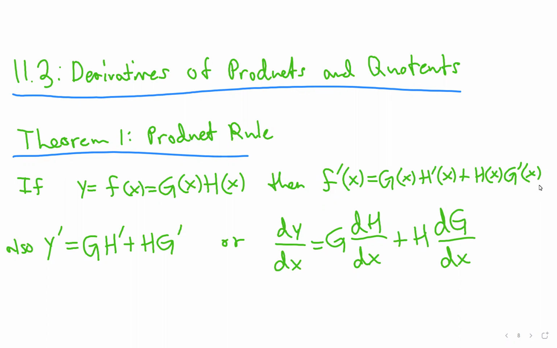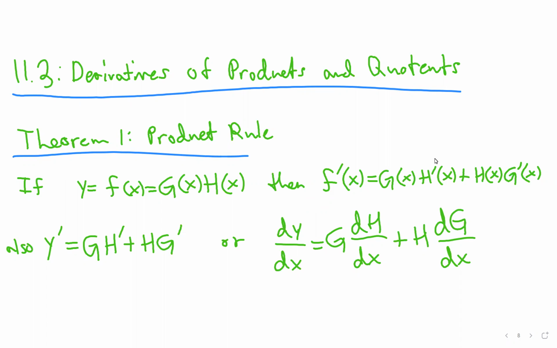So what we've done here is we've basically taken the derivative of one of these two functions and then multiplied it by the other function, which was not differentiated first off. And then we differentiate the other function and multiply it by the first function. And we add those two terms together to get the full derivative for this function.